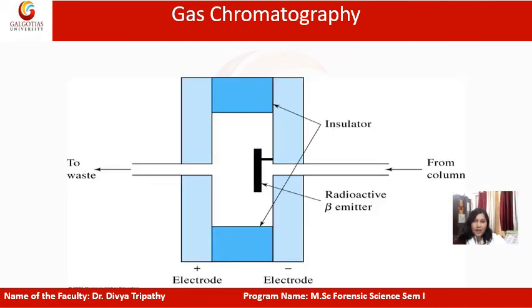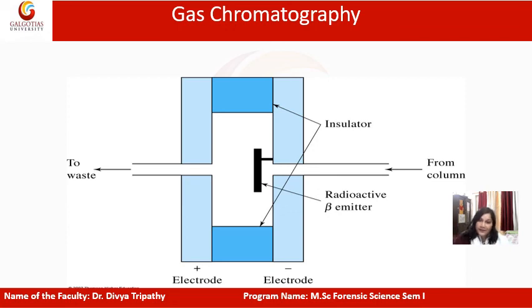Now this is a diagram of your electron capture detector. You can see this is a beta emitter and we know that beta emitter emits electrons. When this emitter ejects electrons, the electrons will be attracted by the positively charged electrode in the absence of electronegative component. Now suppose your mobile phase is having molecules which are electronegative in nature.